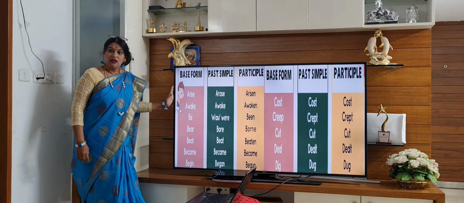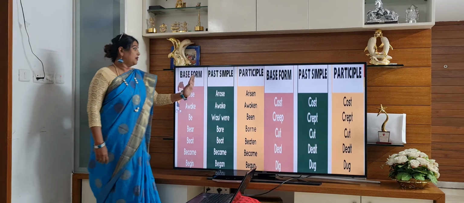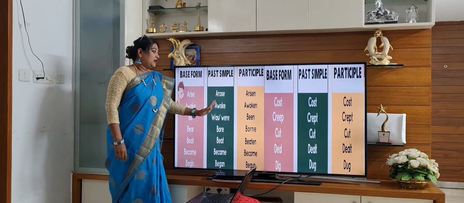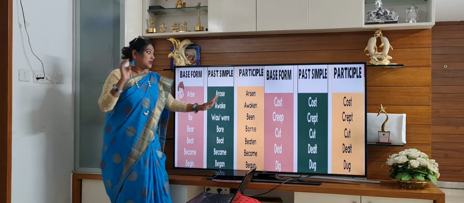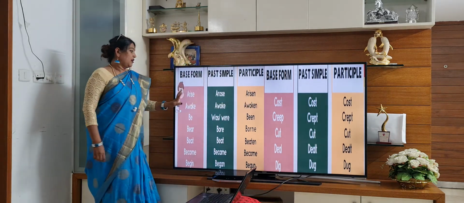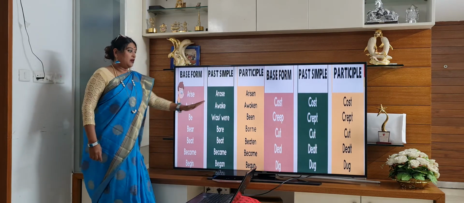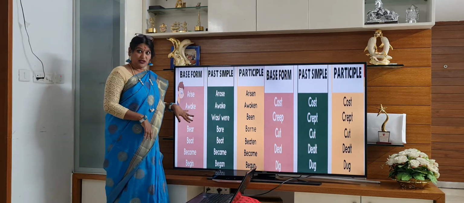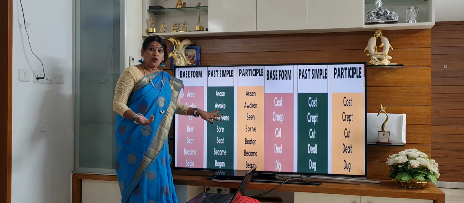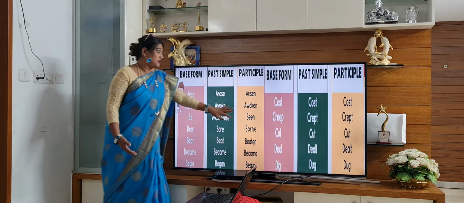Let's look at the verb forms of action. Arise is the base form. In past, arose, and then arisen. Arise, arose, arisen. Awake, that's present. Awoke, and then awoken, past tense.